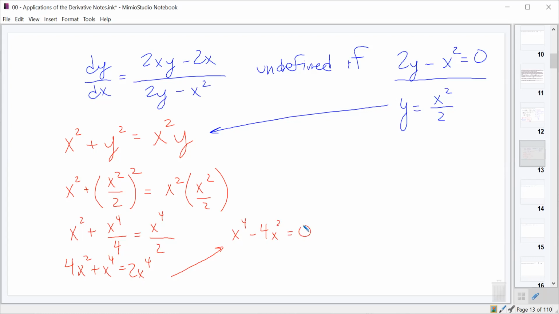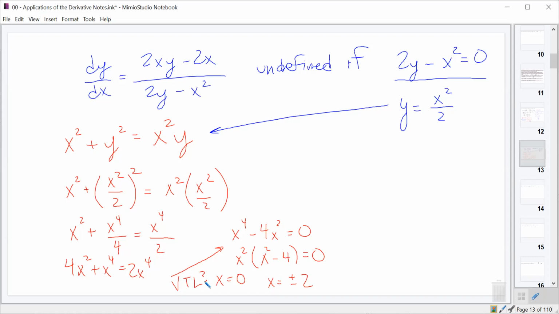We can factor out the x squared, leaving us with x squared times x squared minus 4 equals 0. And you can either factor the x squared minus 4 as the difference of squares, or just recognize that that's plus or minus 2. And we've got x equals 0 and x equals plus or minus 2. So these are possible locations of vertical tangent lines.